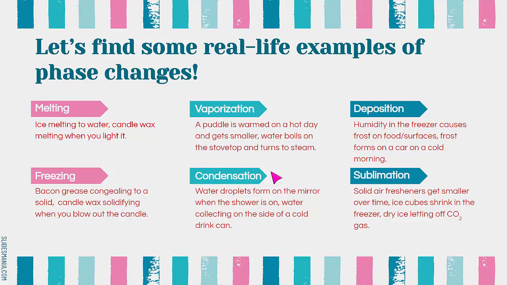When water droplets form on your bathroom mirror when the shower is on, if you take a hot shower and you come out and the mirror is all steamed up, that's condensation. Literally the water from your shower vaporized, but then when it hit the cold mirror, it liquefied again. That's condensation. Or water collecting on the side of a cold drink can, especially on a hot, humid summer day, you're going to get a lot of condensation.